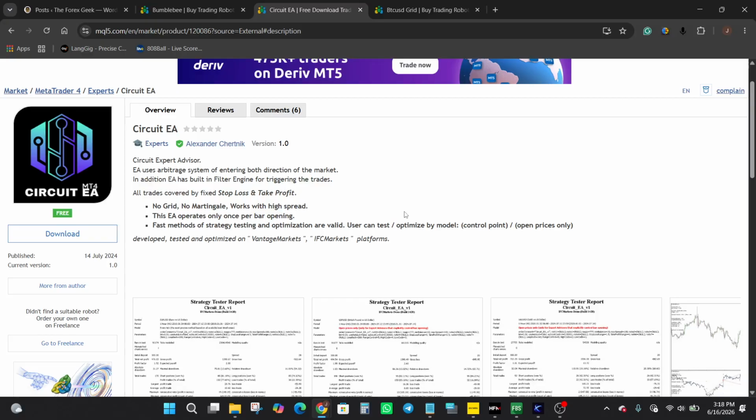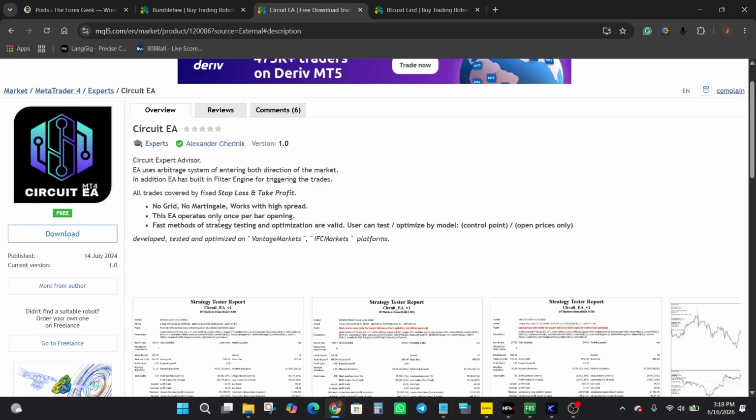So now moving into the feature breakdown, the arbitrage style entry approach means the EA is essentially looking for directional inefficiencies where price movement can be captured in either direction depending on conditions. And the built-in filter engine is responsible for refining those entry conditions, so trades are only triggered when the system's internal criteria are met.